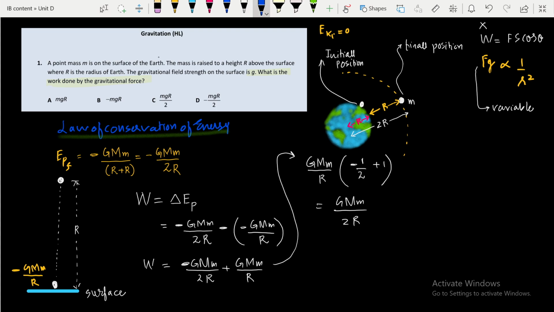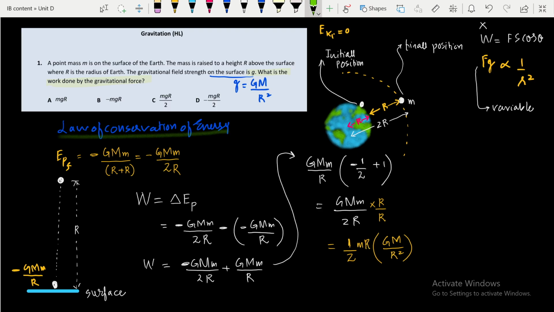But what we see in the options is that small g is written, and you know that small g is the field strength, equal to GM over R square on the surface. So you can replace here: if I multiply by R and divide by R as well, it may be written as 1 over 2 small m outside, and inside GM over R square, whereas there is another R in the numerator, which I write here.